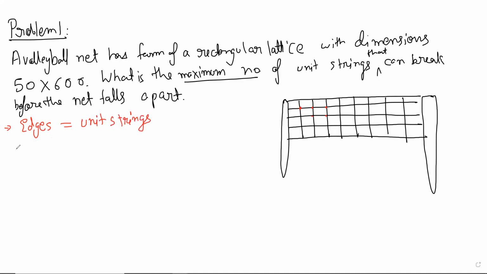Falling apart means it gets disconnected. The vertices of our graph are the meeting points of the unit strings.